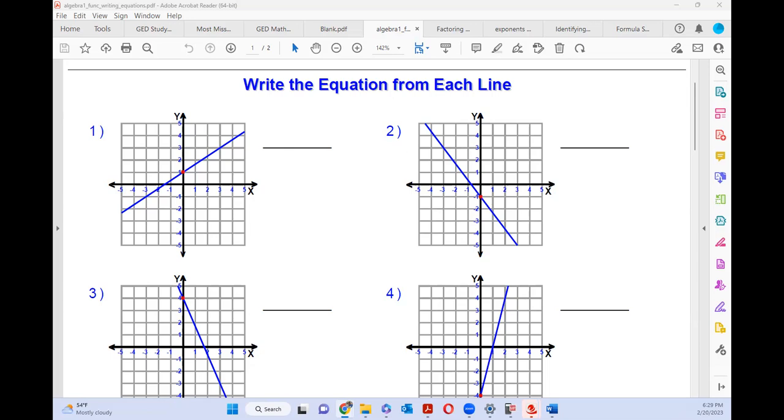Let me find a problem. I might have to just make one up, but I'll give it 10 or 15 more seconds.